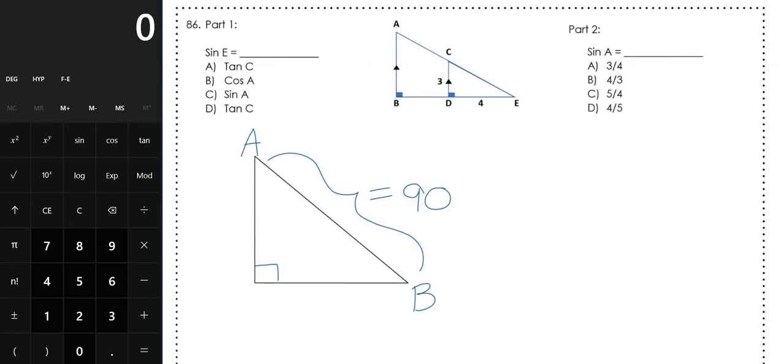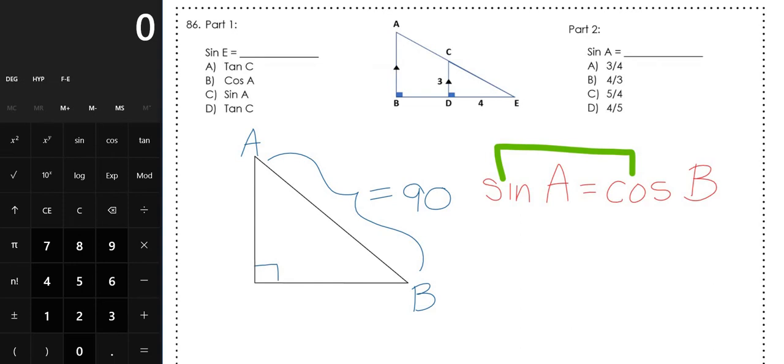Because of the way the trig functions are set up, there's a funny little rule that we refer to as the sine and cosine of complementary angles, and the rule is this. The sine of angle A, for example, will equal the cosine of angle B. You'll notice that in this rule, you're going to have opposite functions, sine and cosine, and your angle A and your angle B are going to be complementary.